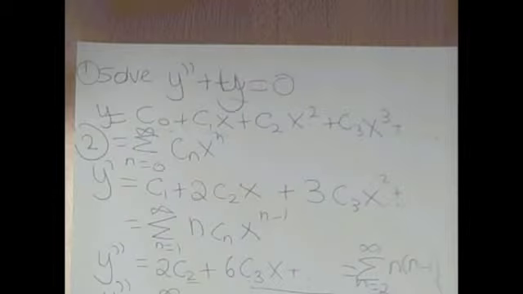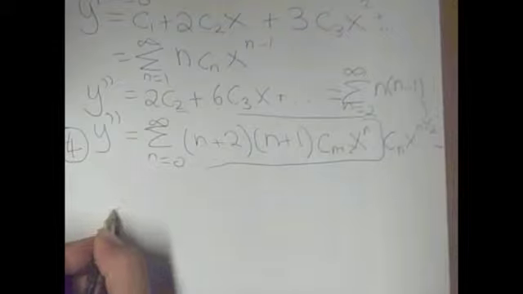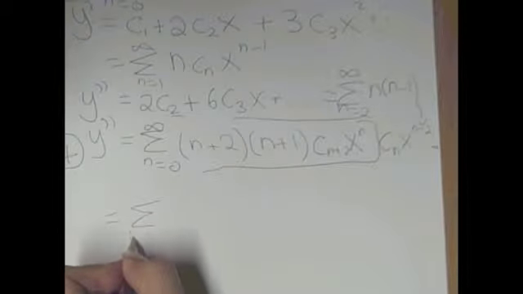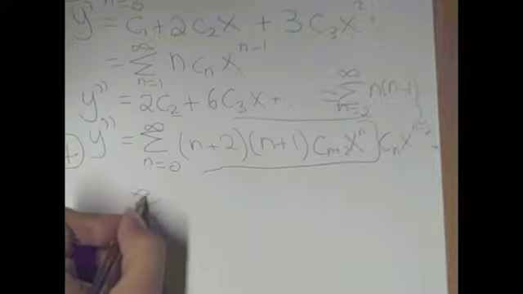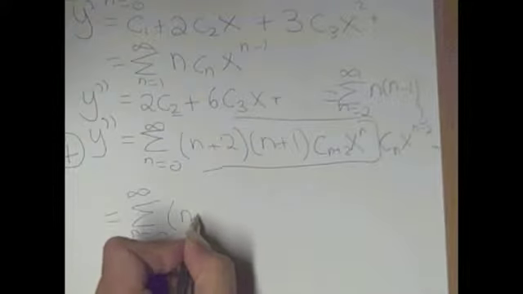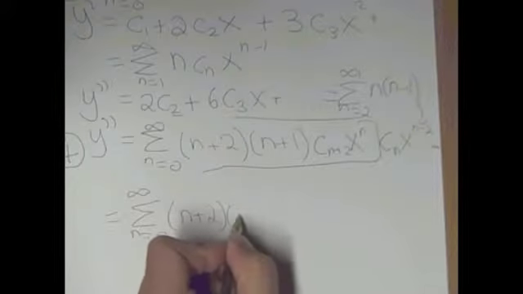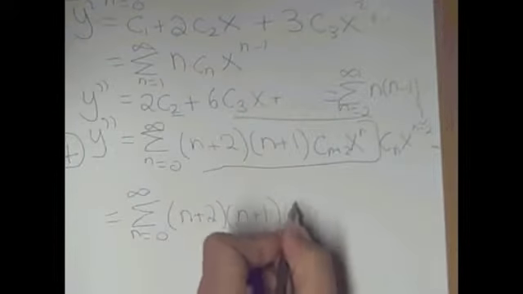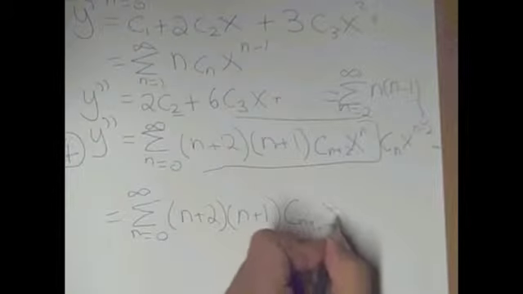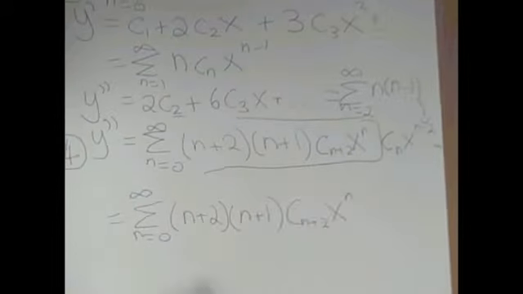So we're going to substitute both equations 2 and 4 into the original formula. So we have the y double dash, which is equal to the sum of n equals 0 up to infinity of n plus 2, n plus 1, cn plus 2 x to the n.